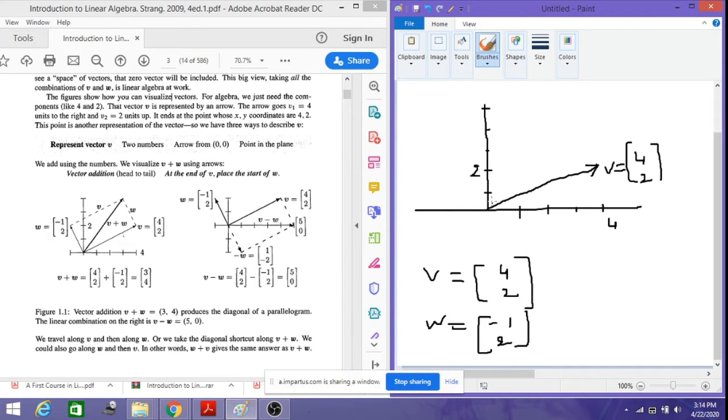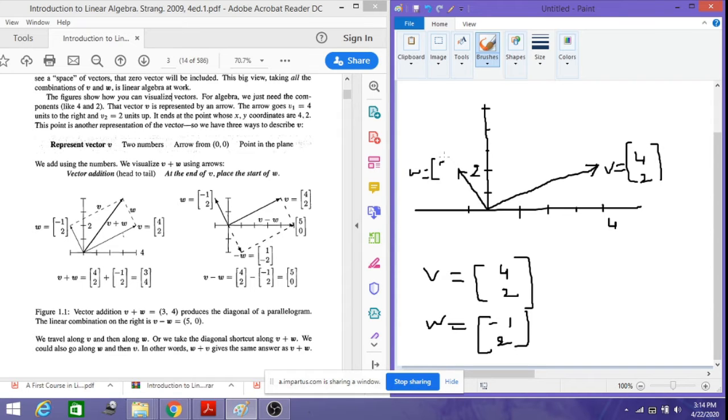The first component represents the horizontal line and the second component represents the vertical line here. Now minus means it goes in the negative direction. So I'll take the marking here. This is one marking. So minus 1 and 2, it means the point is somewhere here. So this vector is going in the other direction in that plane. So this is w.